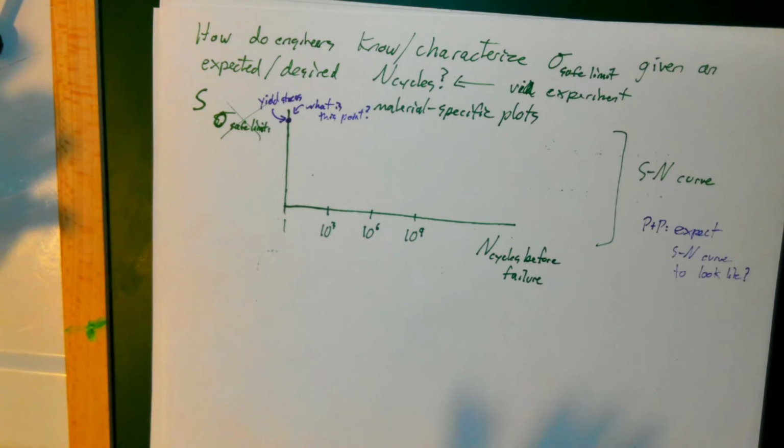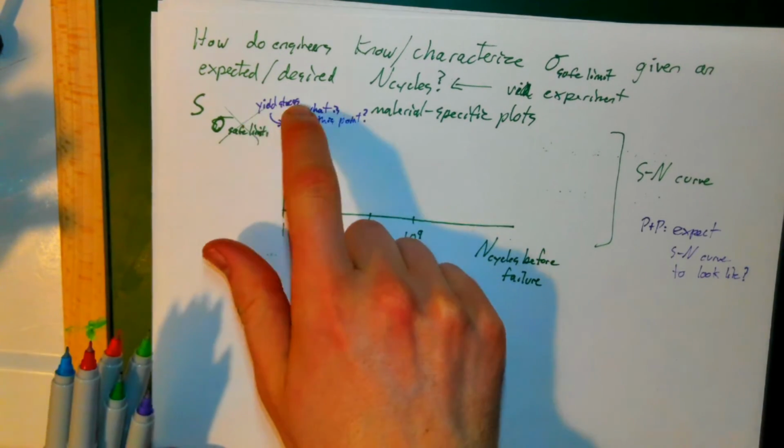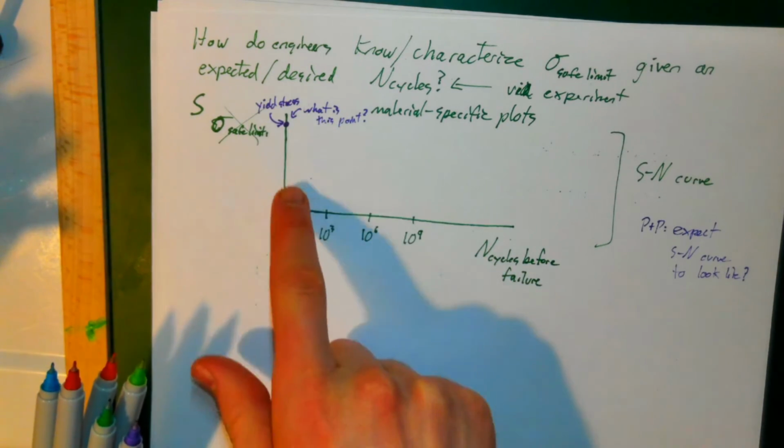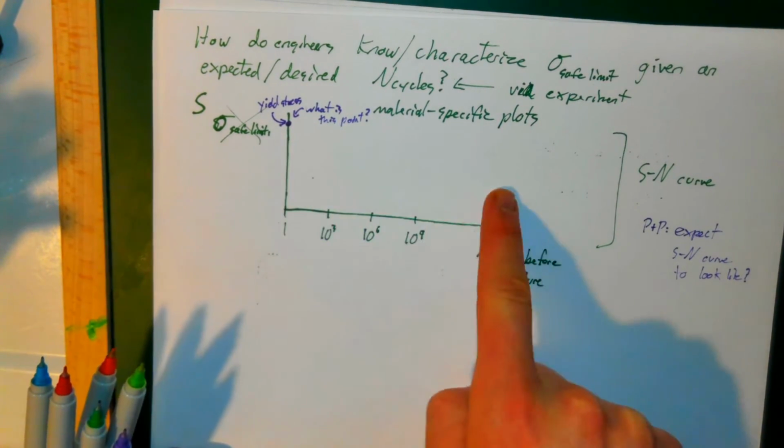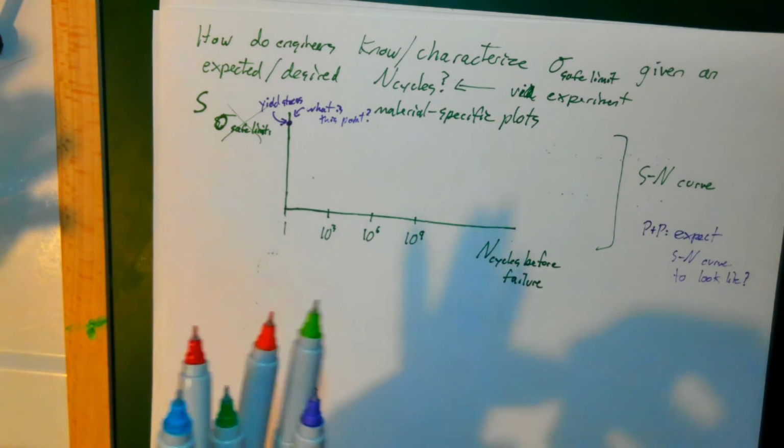And it turns out that different materials have different yield stresses, but also different materials have different ways that these curves kind of shape out over a certain number of cycles.